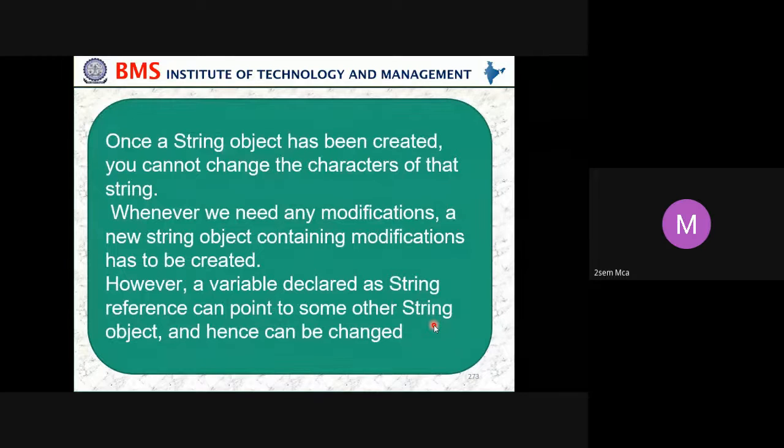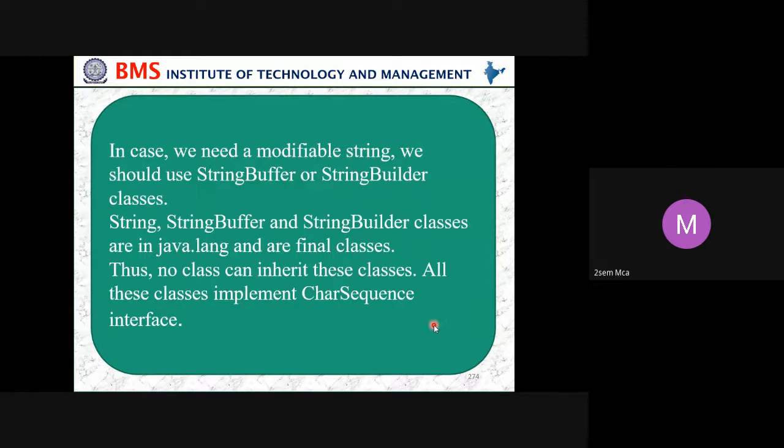Once a string object has been created, we cannot change the characters of that string. Whenever we need any modification, a new string object containing the modification has to be created. However, a variable declared as a string reference can point to some other string object, hence it can be changed.